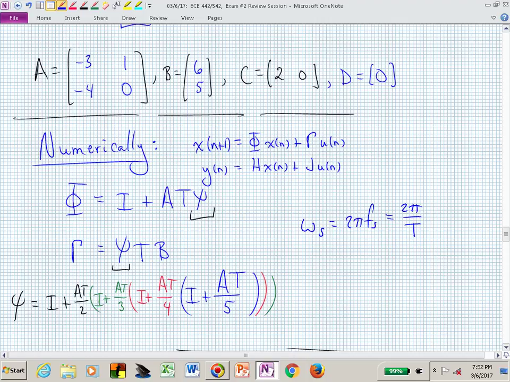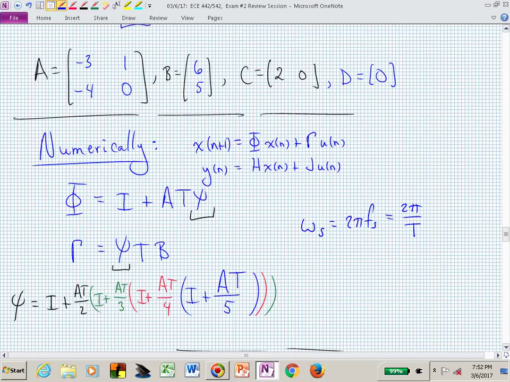We're not going to modify that with the controller, so I'm just going to say I'm happy with A, B, C, and D's dynamics. I want you to preserve that with this discrete equivalent. How do you find omega sub s, which is really a way of finding capital T? You need capital T to do any of these numerical computations. And if the textbook doesn't give it to you, now what do you do? Question or answer?